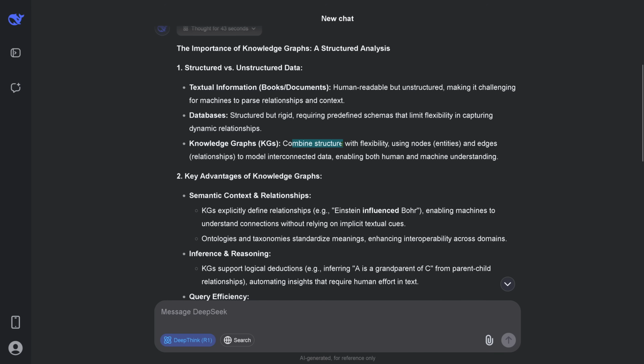They combine the structure with flexibility, using nodes (entities) and edges (the relationships) to model interconnected data, enabling both human and machine understanding. What an absolutely beautiful answer to explain structured and unstructured data for two different user groups, humans and machines, for advanced reasoning. Key advantages of knowledge graphs. Nice.